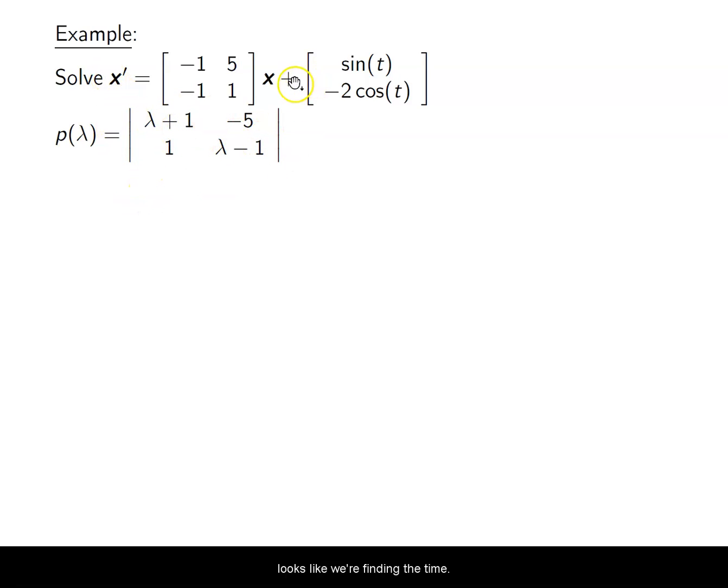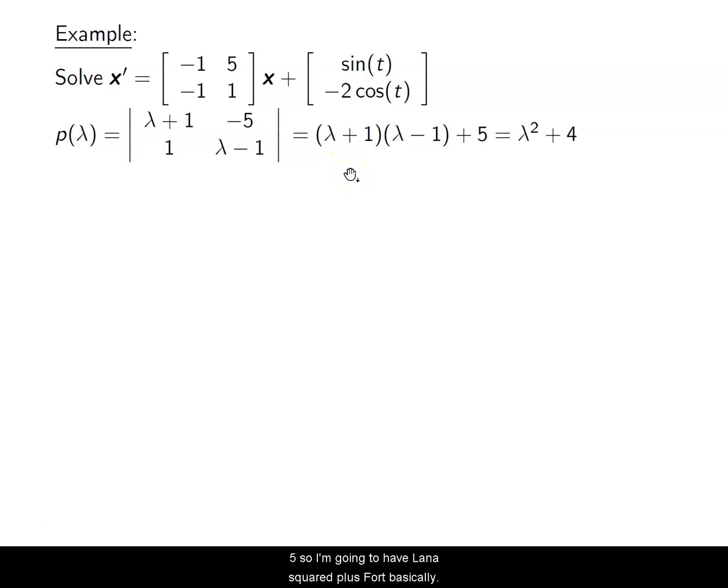We're finding the determinant. It's always easy when we have a 2 by 2 because we multiply the main diagonal and then subtract the product of the cross diagonal. So I know that this is lambda squared minus 1 plus 5. So I'm going to have lambda squared plus 4.